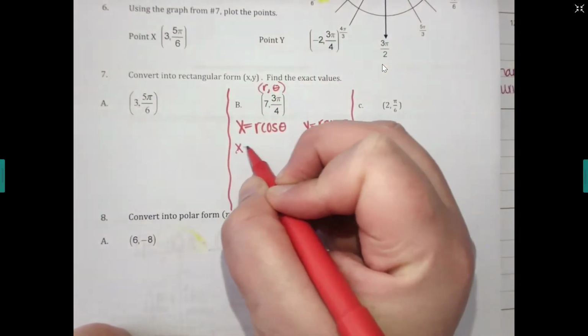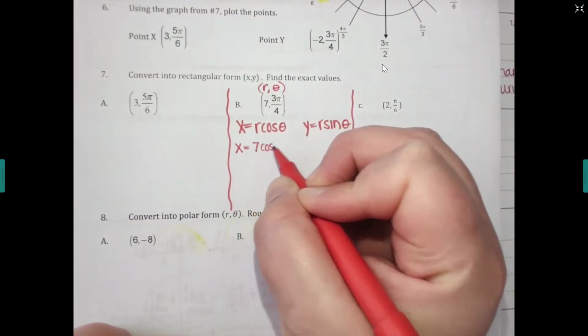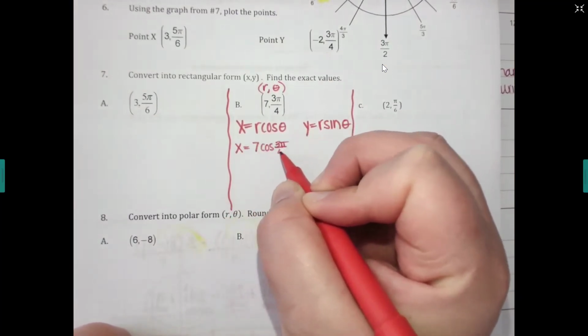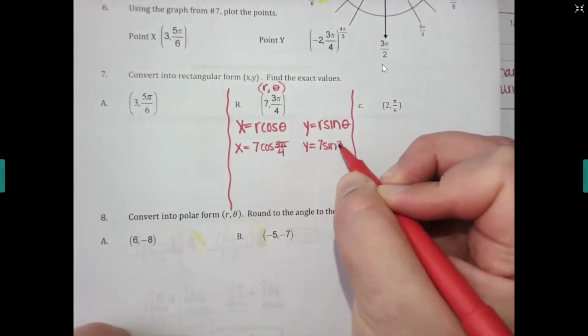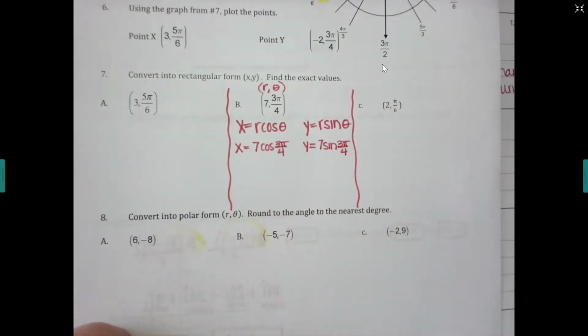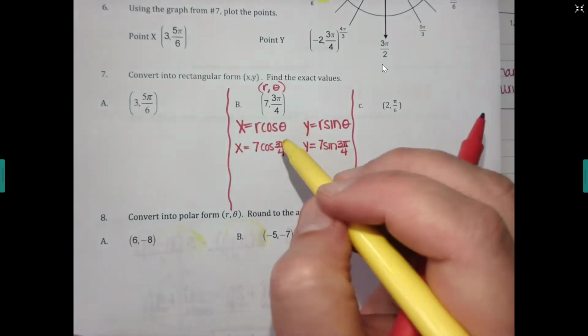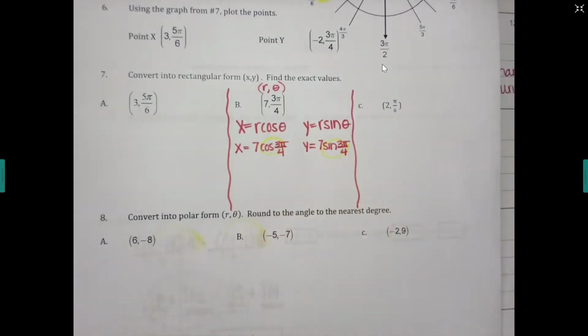So my x is going to be 7 cosine 3 pi over 4. My y is going to be 7 sine 3 pi over 4. And then, like I said, to find these numbers, that's where you're going to have to use the unit circle.